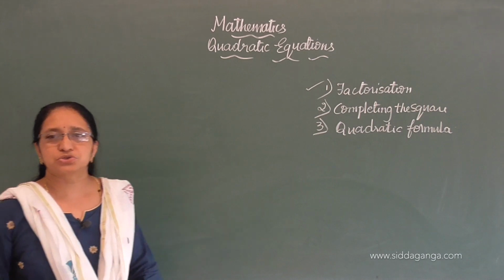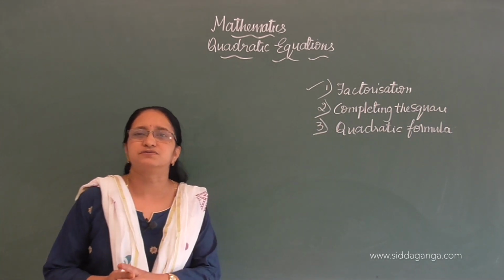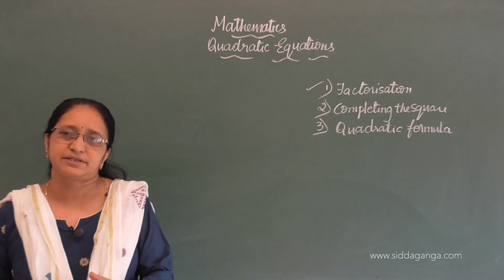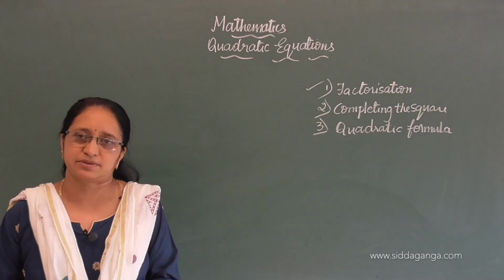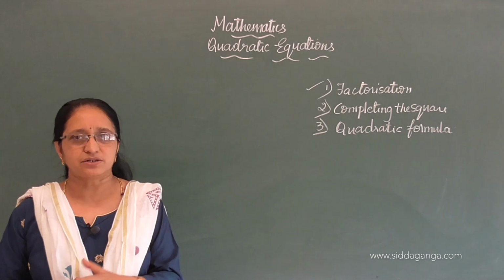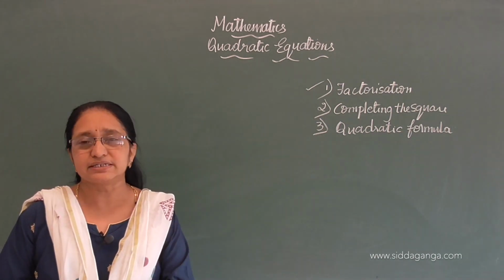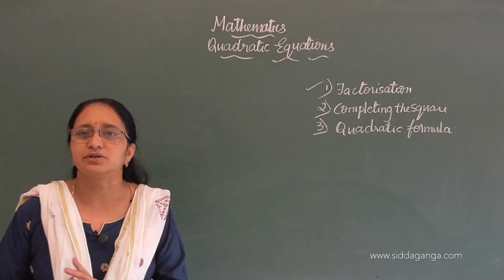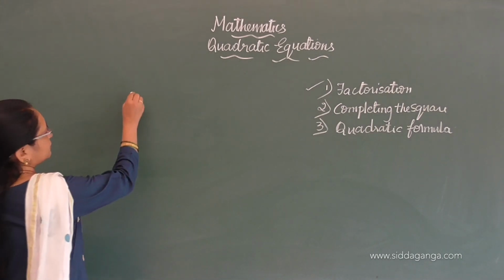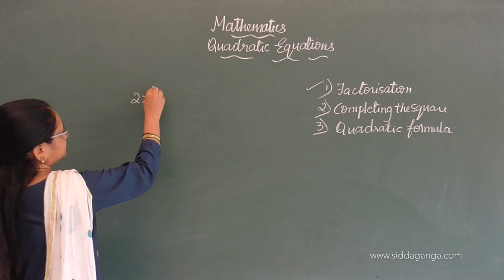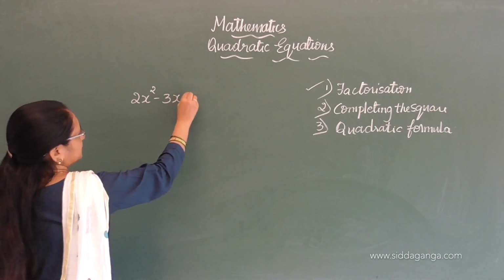But before that you should know what is the meaning of solution. You have studied already in the polynomial chapter, to find out the solution, there we called it as zero of the polynomial. I hope you can remember. One example I will give you, 2x square minus 3x plus 1.